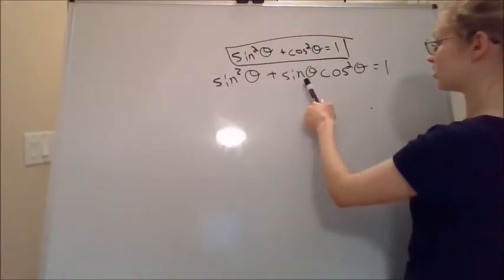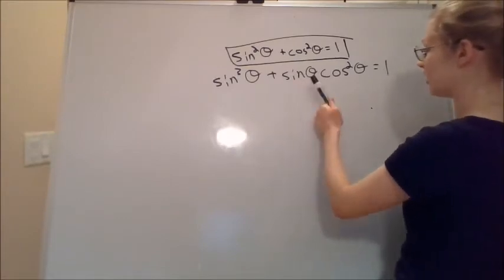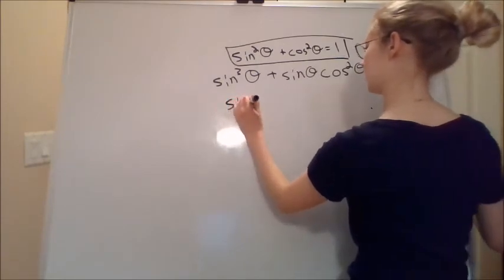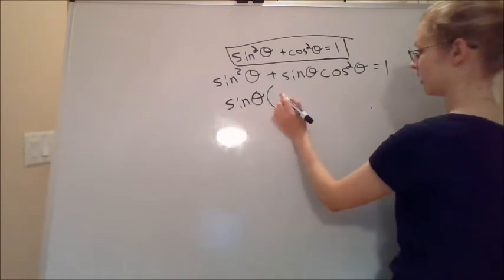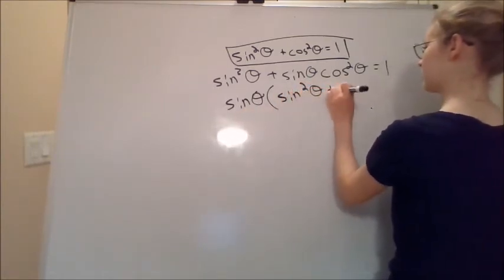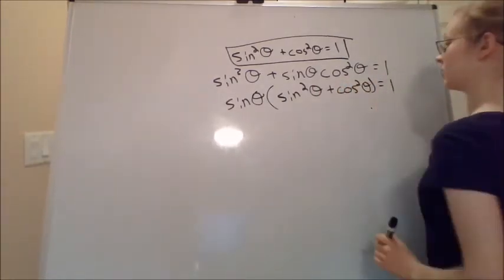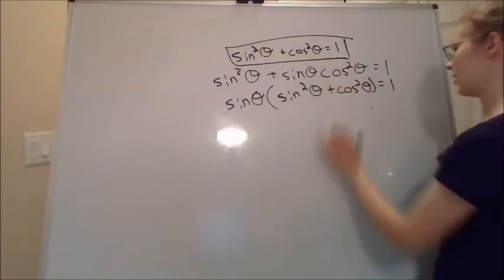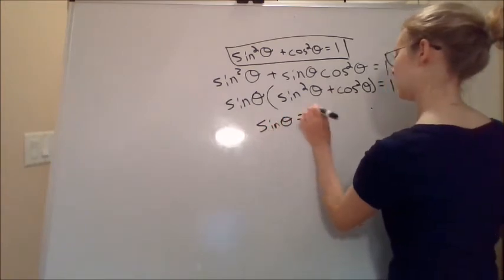Both terms on this side have a sine of theta term. So if we factor out a sine of theta here, we're going to be left with sine squared of theta plus cosine squared of theta, just like that. And we know that this right here is going to be equal to 1. So we have sine of theta equals 1.